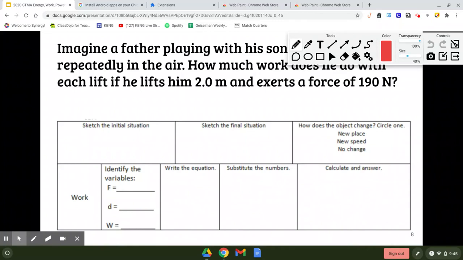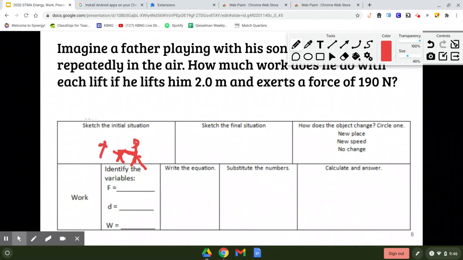So in the picture, we have our dad holding his little son, and he's throwing him up into the air. It's not the greatest picture in the world, but you guys get the idea. So he's lifting the son up and down, up and down.